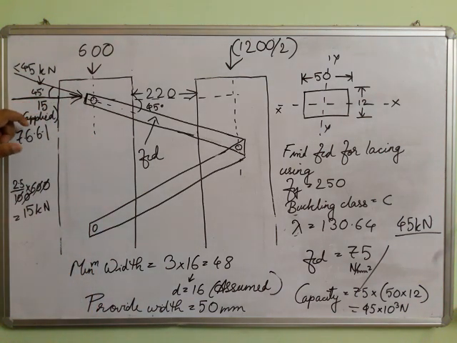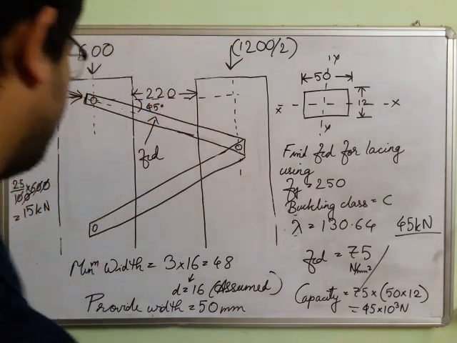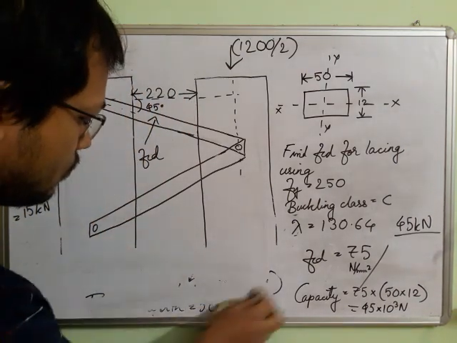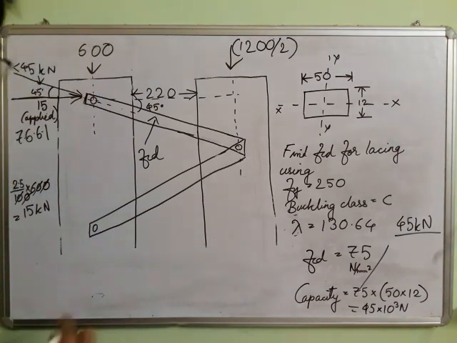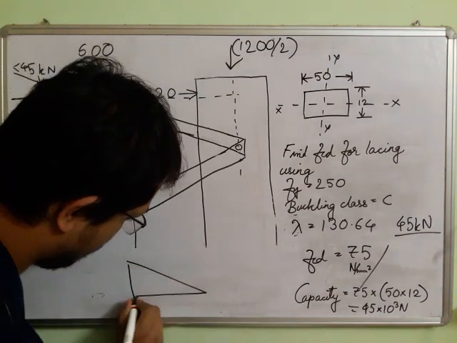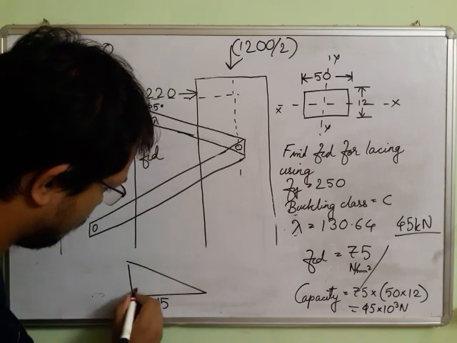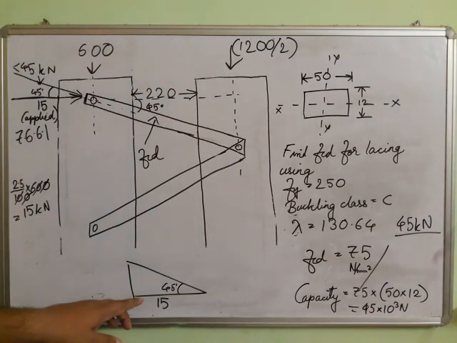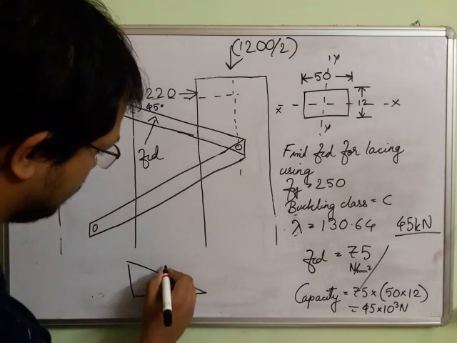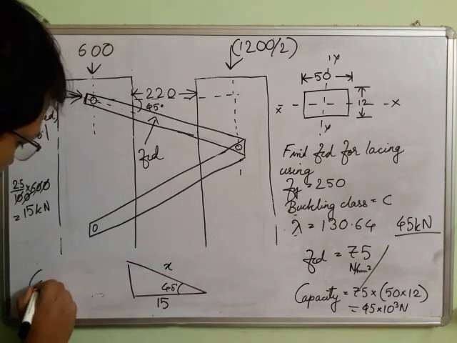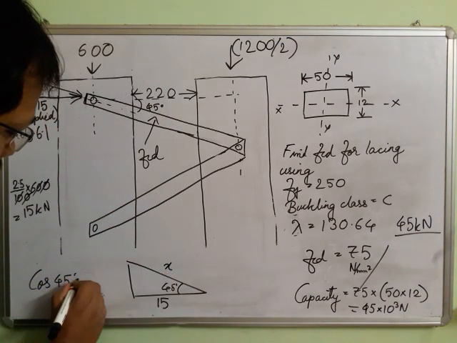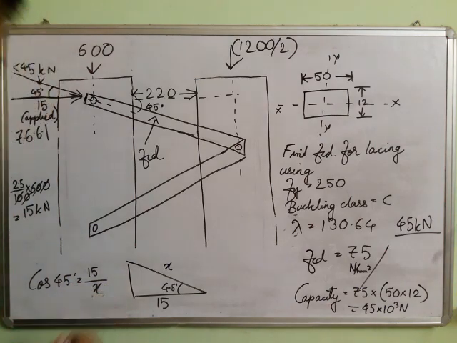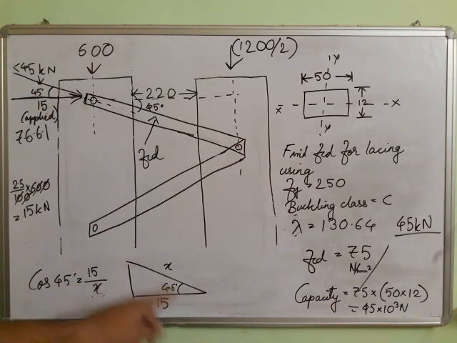15 is the applied load. The component of 15 in this direction will be how much? We can just use trigonometry. If we take it as x, cos 45 is equal to base by hypotenuse.